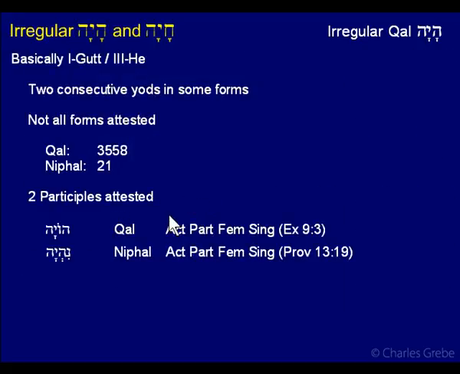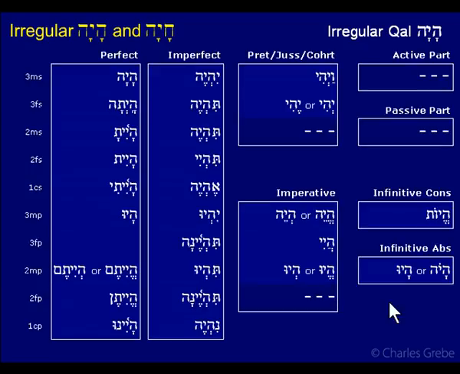I just found two when I searched, and they look pretty odd. Hoya is a kal active feminine singular participle in Exodus 9:3, and niya is a nifal participle, feminine singular, in Proverbs 13:19. Those are the only two I could find, so it's not a common thing.